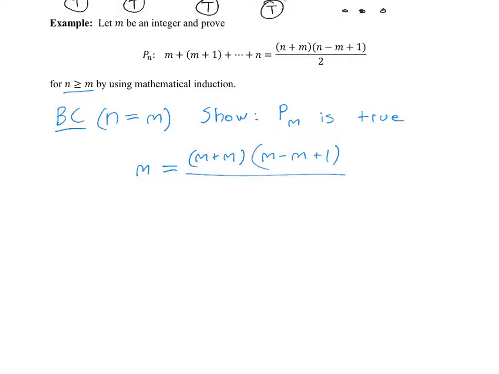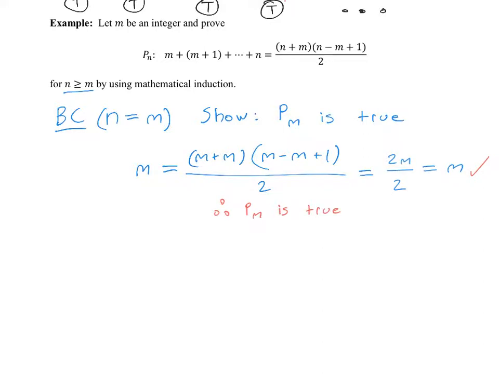And then the denominator is just 2. So what we end up getting is 2m divided by 2. The 2's cancel out and we get m. So our base case checks out, and I'm going to give ourselves the reward of writing down: therefore, we now know that P sub m is true.